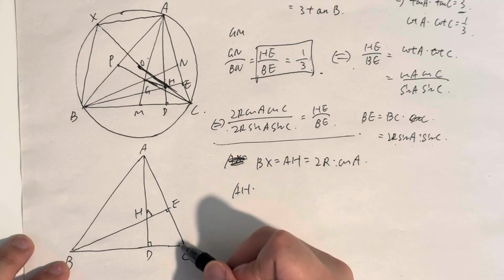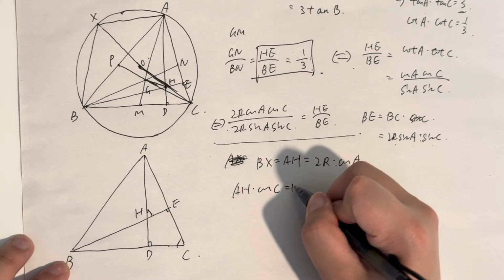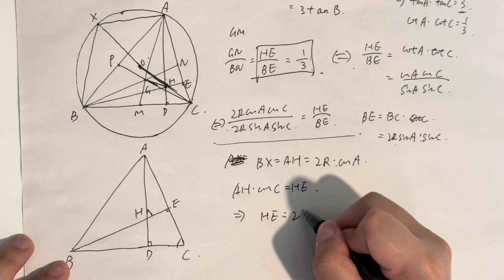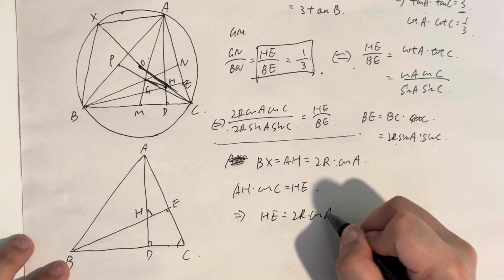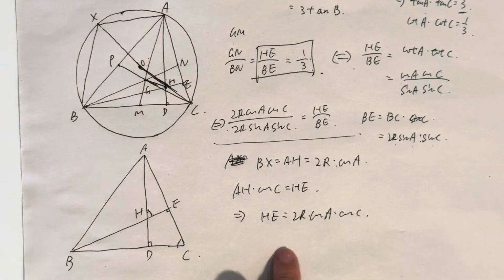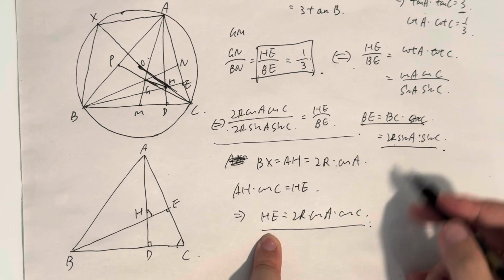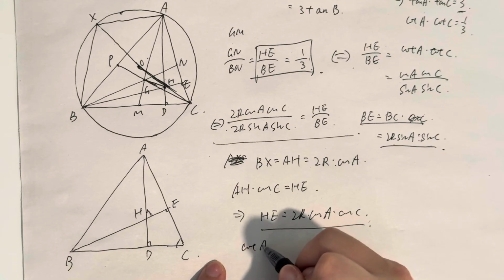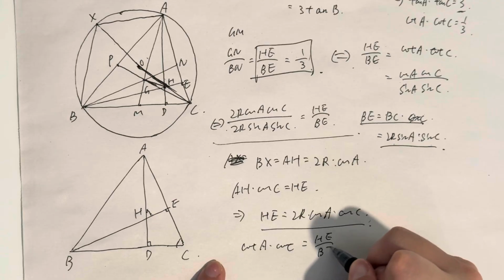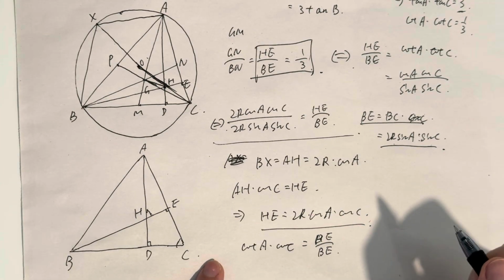So this angle equals C. That means AH times cosine C equals HE, which means HE equals 2R cosine A, which is AH, times cosine C. Then based on this and on BE, we know that cotangent A times cotangent C equals HE to BE.